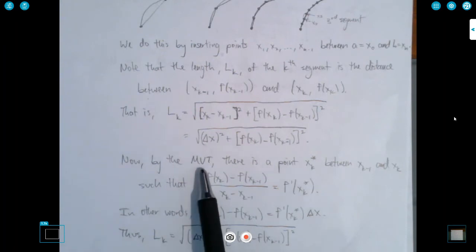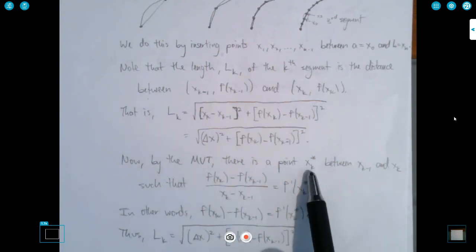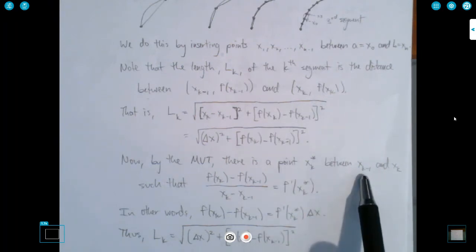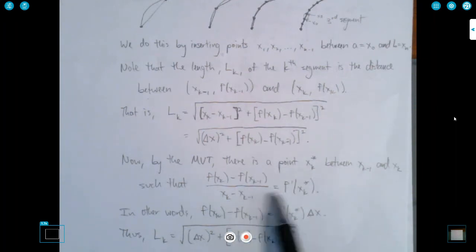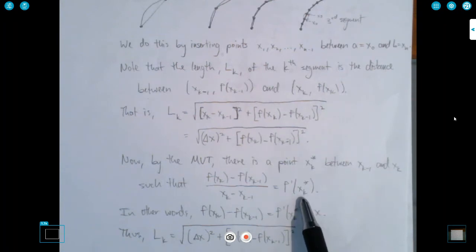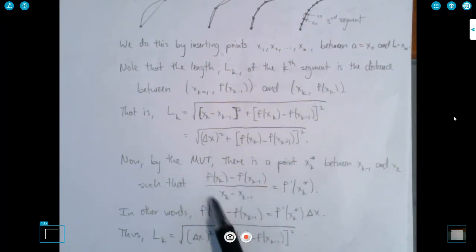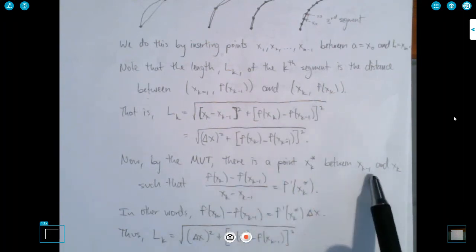By the mean value theorem, we know that there's a point, which we'll call x sub k star, and this point is between x sub k minus 1 and x sub k. So we know that there exists this point x sub k star such that the derivative of f at x sub k star is the same thing as the average rate of change, or in other words, the slope between the points x sub k minus 1 and x sub k.